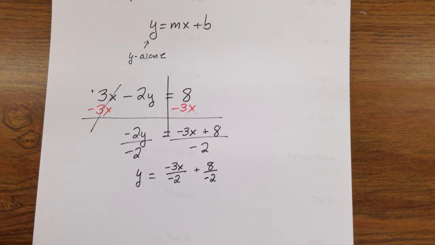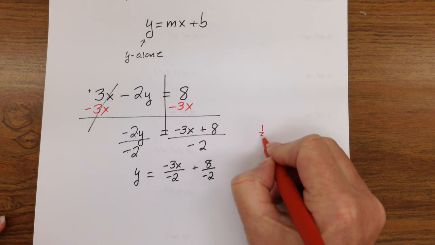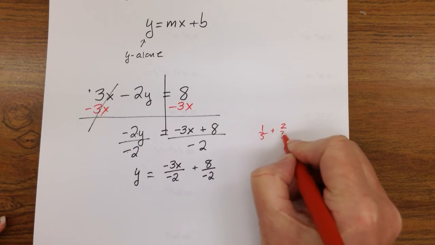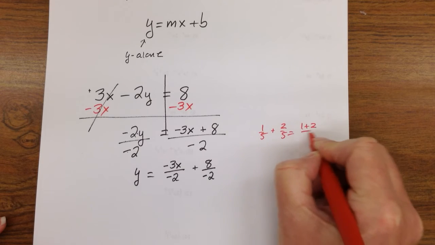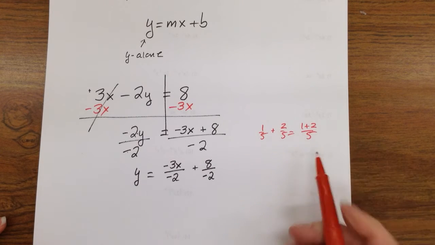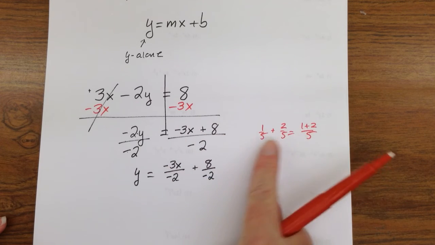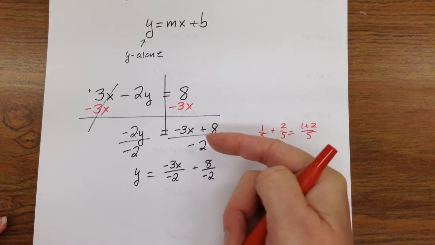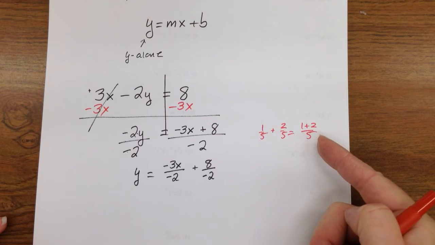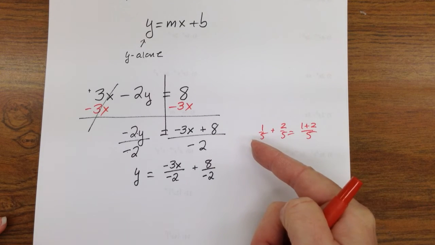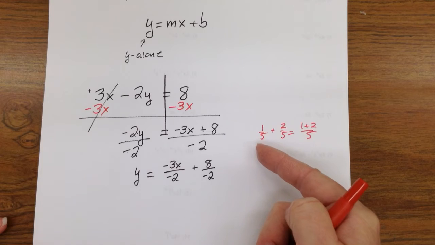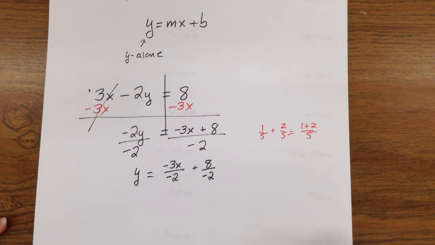As a side note, if I had 1/5 plus 2/5, doesn't this equal 1 plus 2 or 3/5? That's putting together a common denominator, but that's an equal sign. You can go the other way. If you have addition or subtraction in the top, you can separate these by giving them each their own common denominator. That's what we did here. Each part gets its own negative 2. Now we just need to simplify.